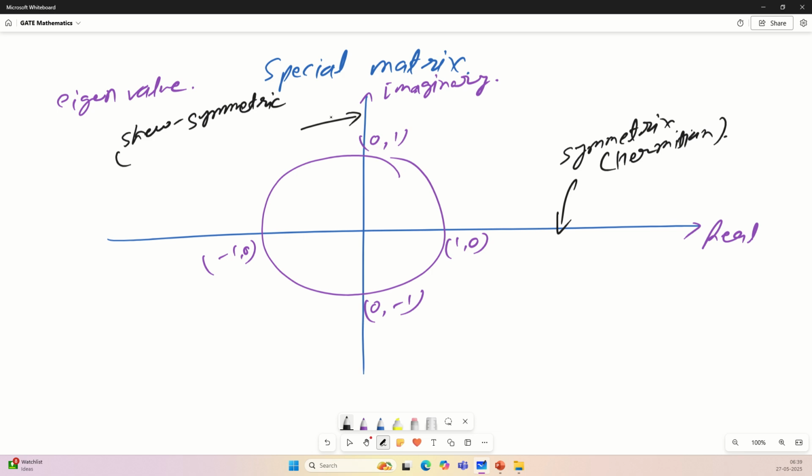Or it can also be called for Hermitian, skew Hermitian. Understood? Then for nilpotent, what will be the eigenvalues? So for nilpotent, all the eigenvalues will be 0. Okay.